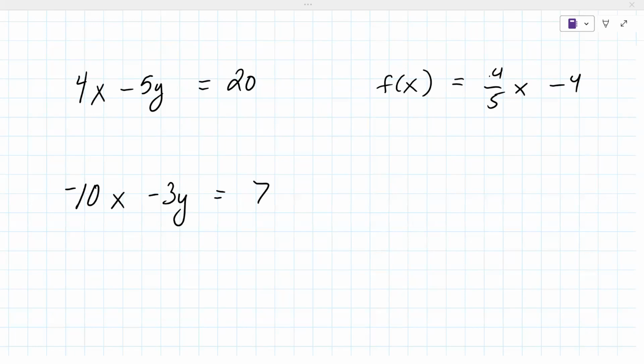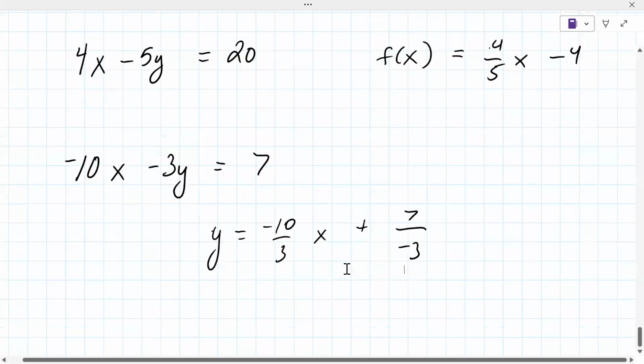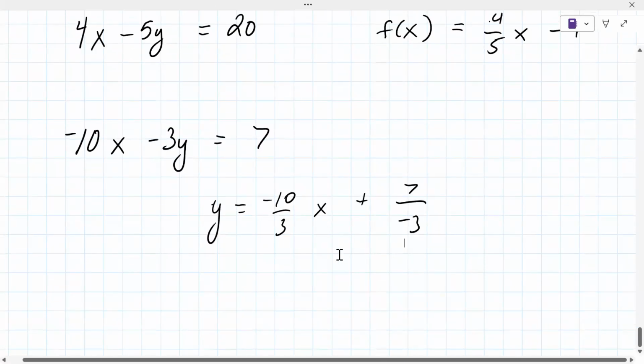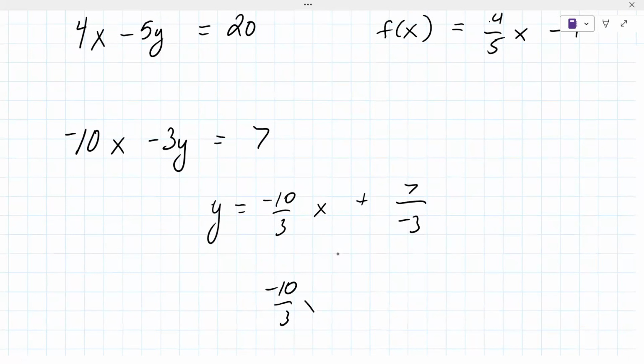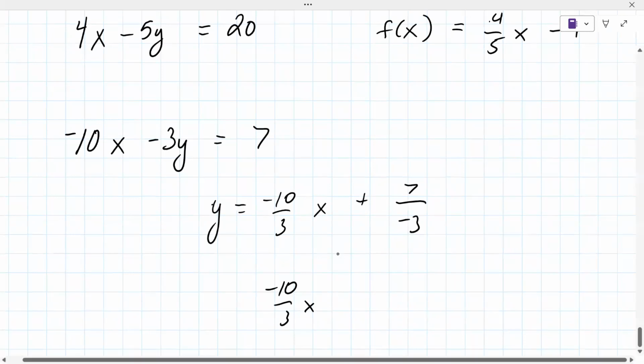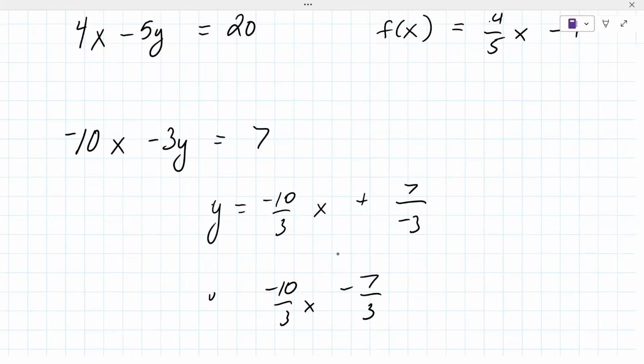Okay, I got y is equal to negative 10/3 x plus negative 7/3, plus 7/3. Okay, but you're dividing by negative 3, so you should get 7 over negative 3, which becomes minus 7/3. It's another way to write it. Yeah, all right.